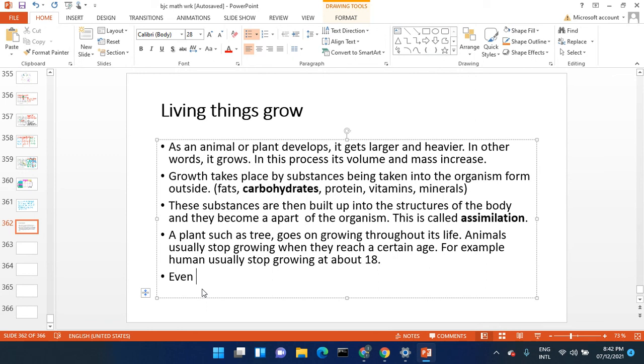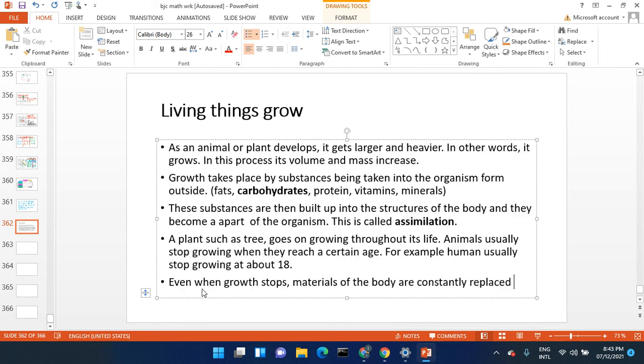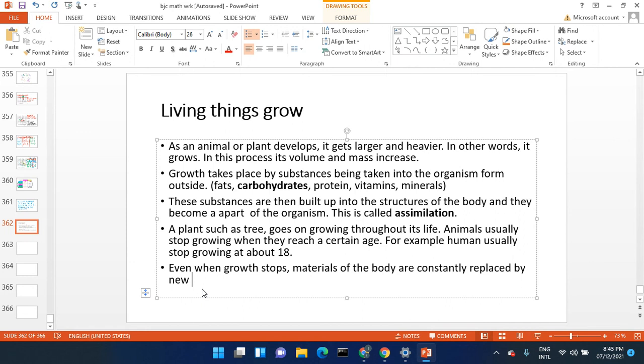Okay, so even when growth stops, materials of the body are constantly replaced by new substances coming in from outside.